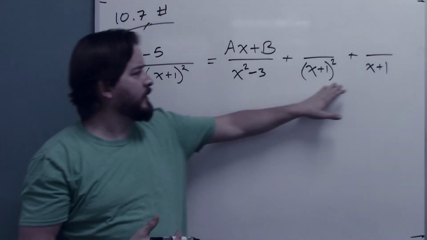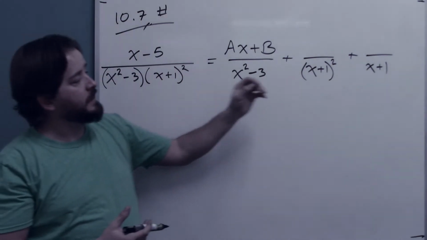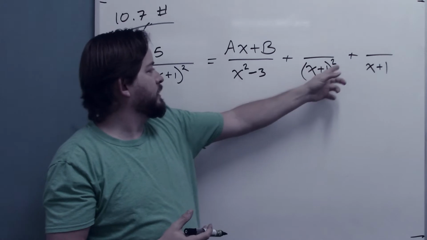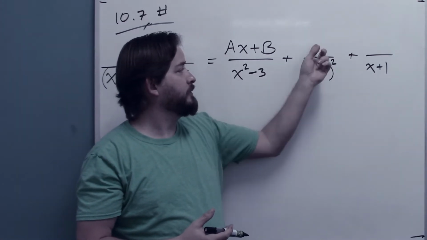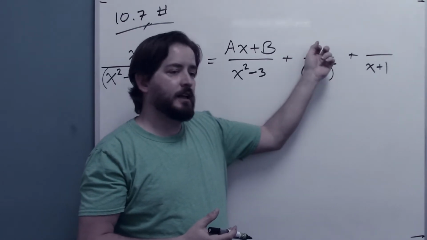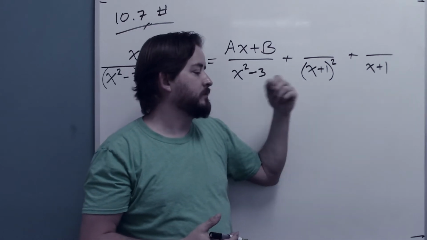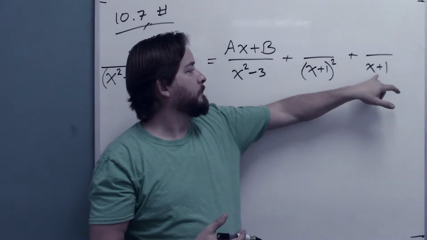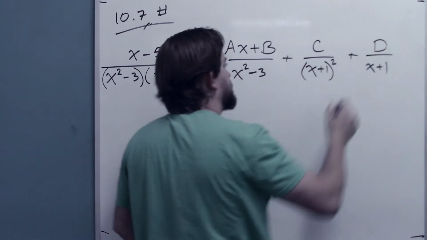Because the common denominator here still ends up being this guy over here. But the nice thing is by breaking x plus 1 squared into x plus 1 squared and an x plus 1, I don't have to worry about having that first degree polynomial in the denominator here. If I did have a first degree polynomial, I could simplify that, or I could break it down more. And therefore all I have to worry about is a constant over these terms, right?